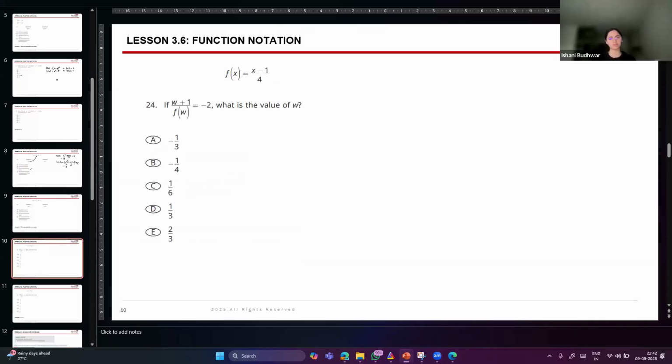Okay, next. f of x is x minus 1 by 4. And now somewhere w comes into the picture. So can I say that's like one of the realized values of x? One of the values of x is w. So what is the value of w?